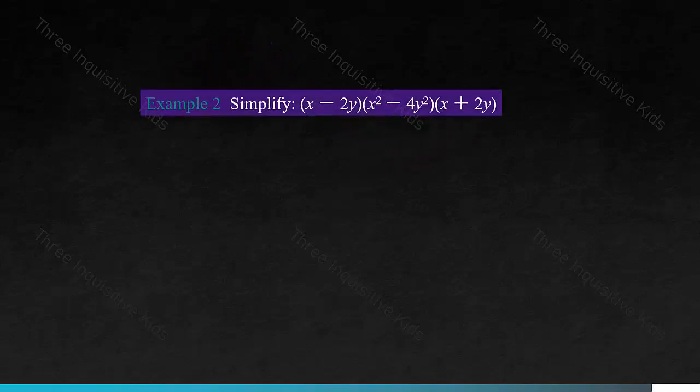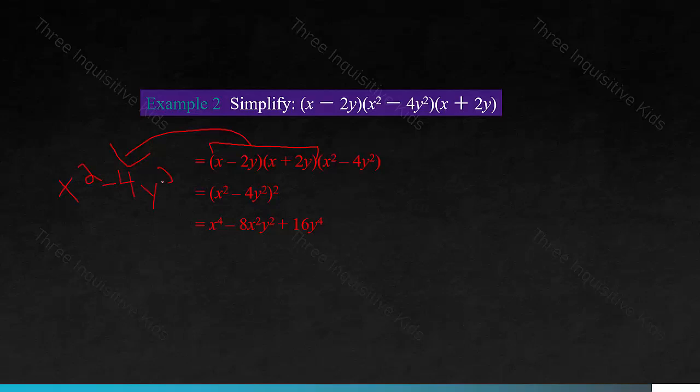Example 2. Simplify this expression. Our solution is to first use the commutative property of multiplication to swap the order of these binomials around. We can first just focus on this first part of the calculation. X minus 2y times x plus 2y. We can use the square difference formula for this. After multiplying this, we would get x squared minus 4y squared.